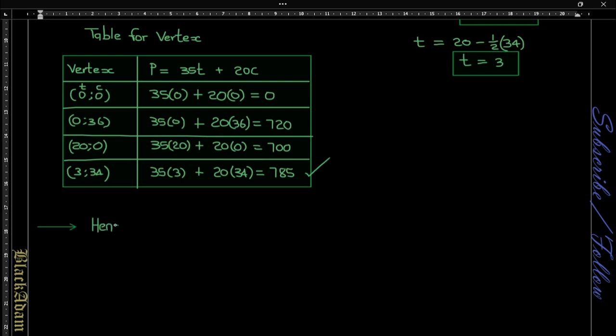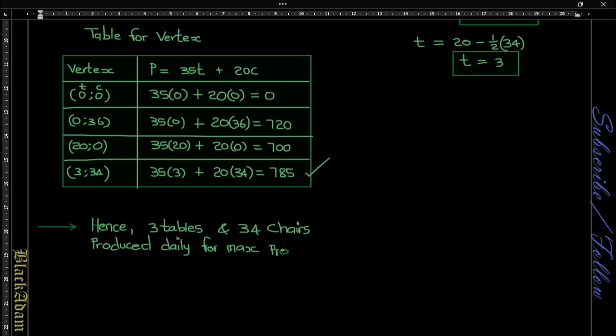Within the time constraint, that's what we should focus on: 3 tables and 34 chairs to produce the daily maximum profit.